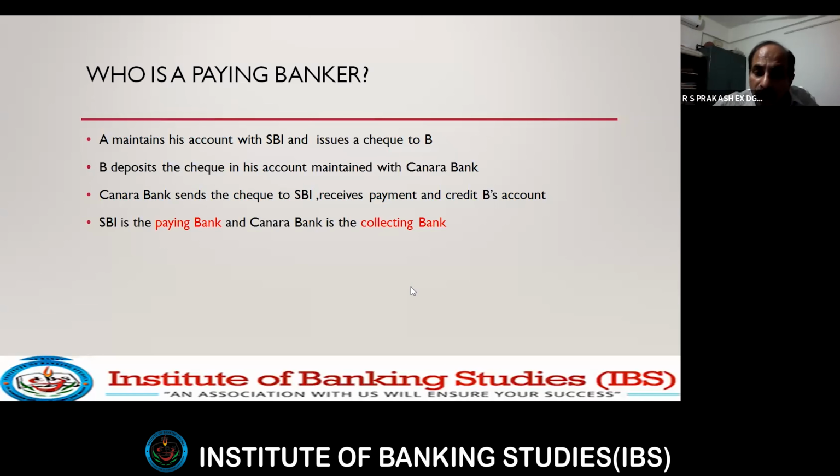Okay, checks are called negotiable instruments because negotiable means the intrinsic value in the check can be transferred. Negotiation is nothing but transfer from one person to another person. Negotiation is nothing but transferring the value of that check from one person to the other person. Like in your Kho-Kho game, where you have that hurdle race, or you have that marathon race, or where you hand over the baton, you run. See, if it is a race for around 400 meters, there will be 4 players, and each player will be running 100 meters.